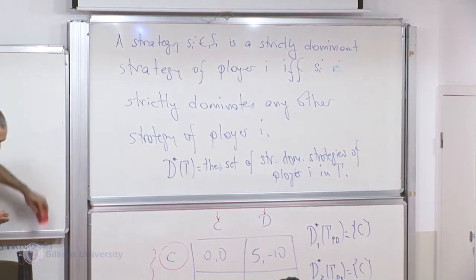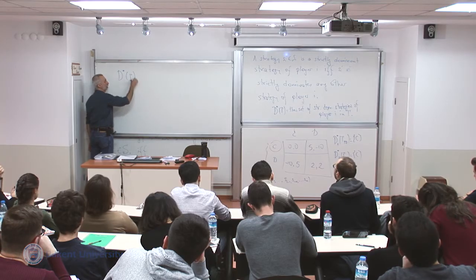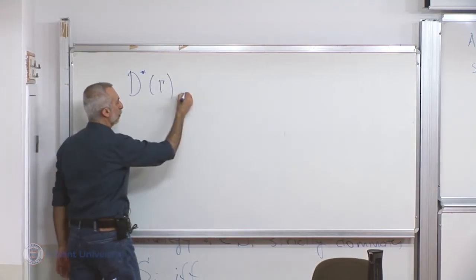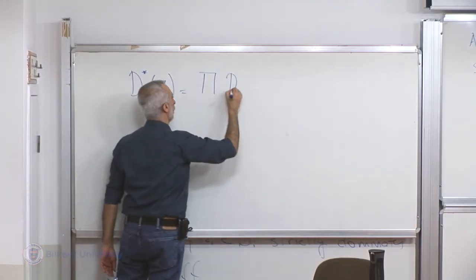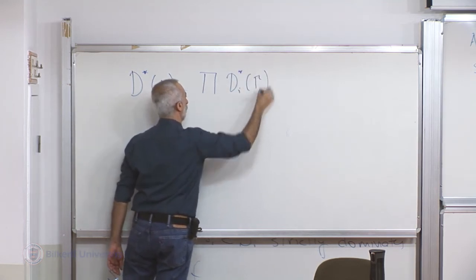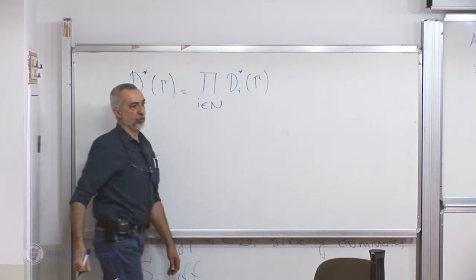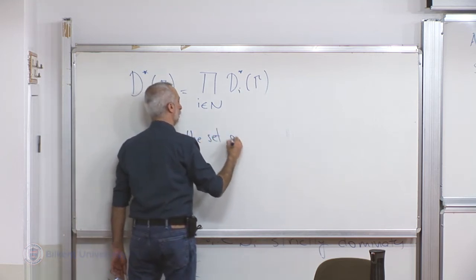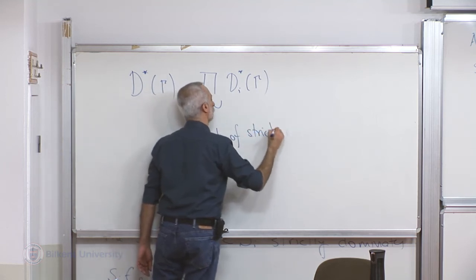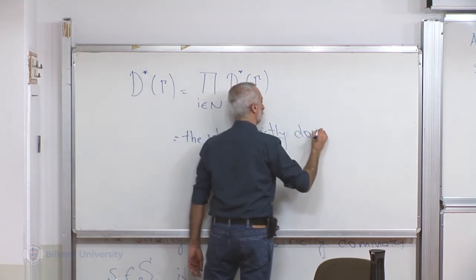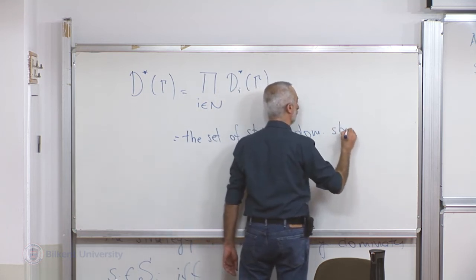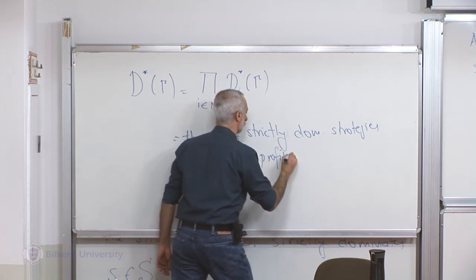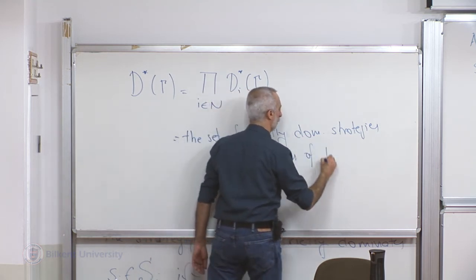Okay. So I will use D star of gamma to denote the Cartesian product of Di star of gamma over the set of all agents. So this will be called the set of strictly dominant strategy profiles of gamma.